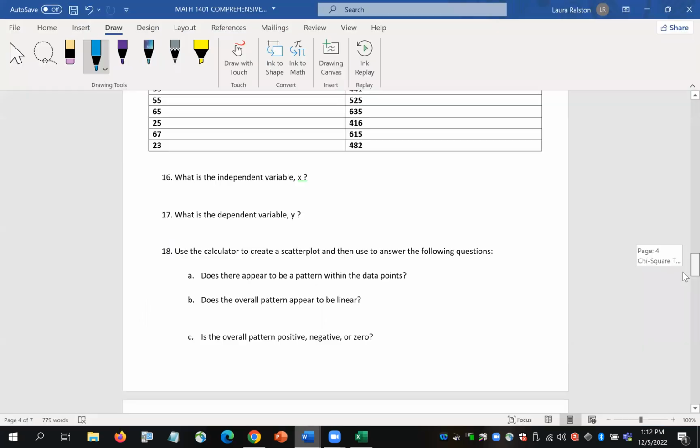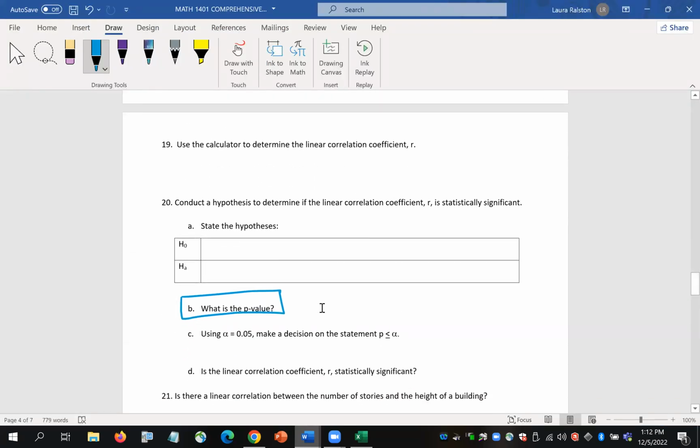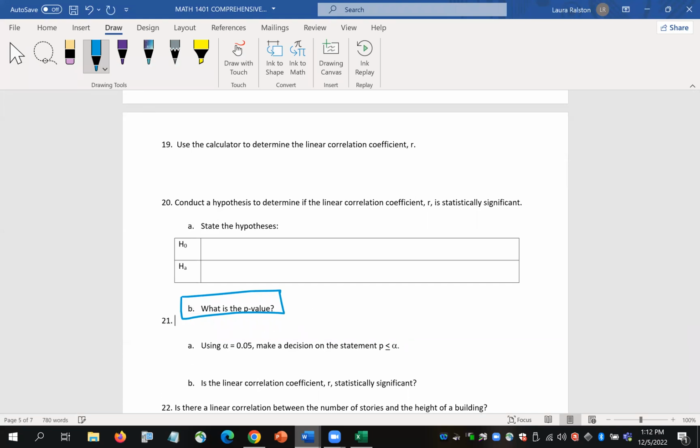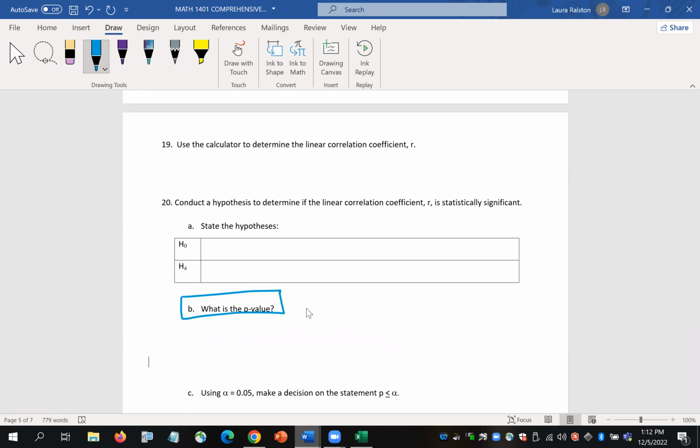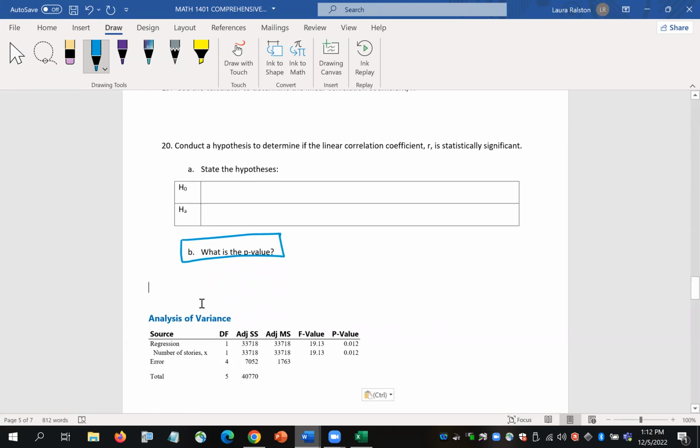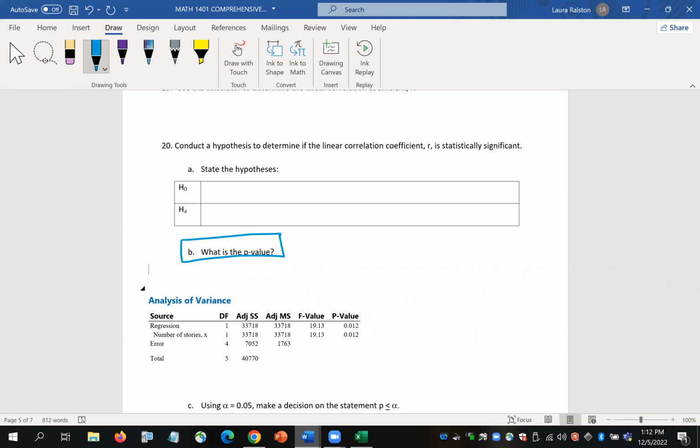So I'm going to copy this over here. So when you're looking for this p-value, when you're doing your hypothesis test, you want the one under the header Analysis of Variance. So for this problem, that p-value would be 0.012.